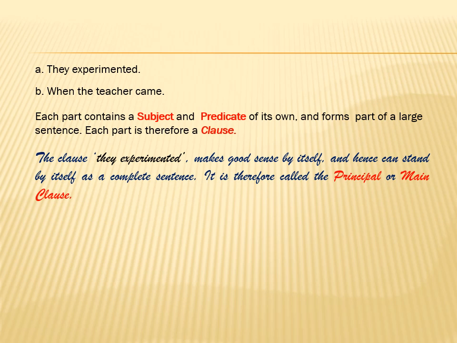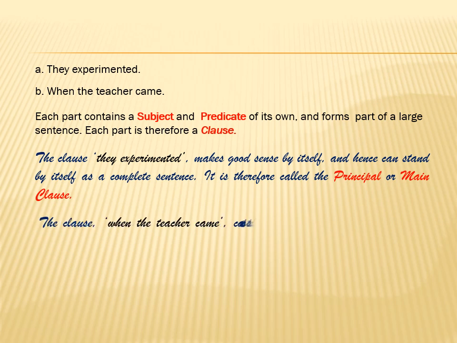When we divide the sentence into two parts, where the first part is they experimented and the second part is when the teacher came, both the sentences have one subject and one predicate, but the difference between a compound sentence and a complex sentence is they experimented makes complete sense and is in itself a complete sentence, whereas when the teacher came, I don't think that makes a complete sense.